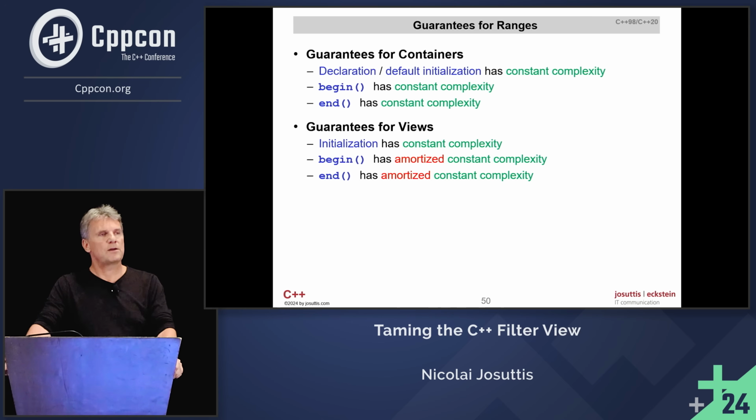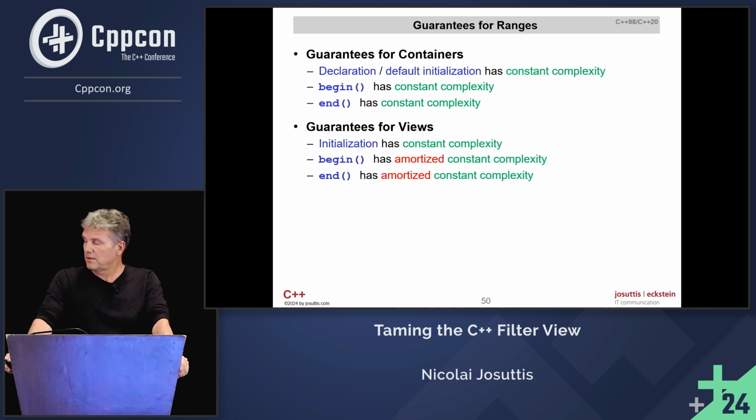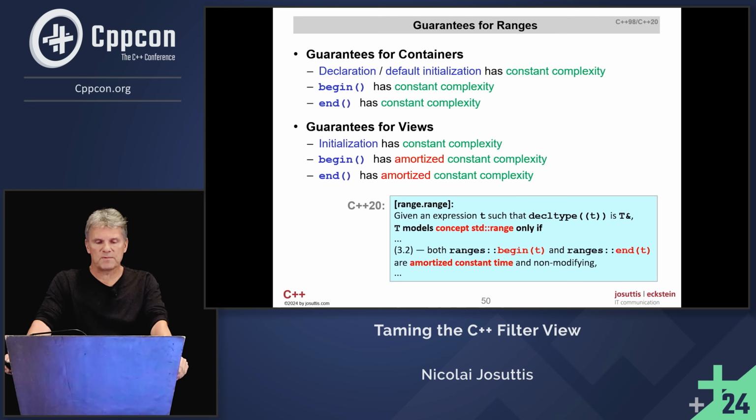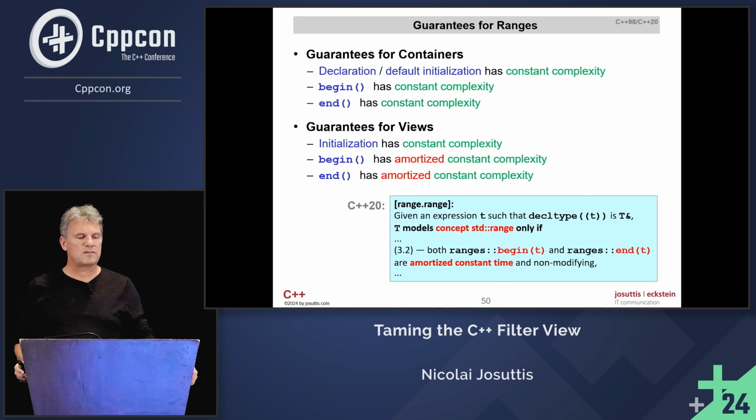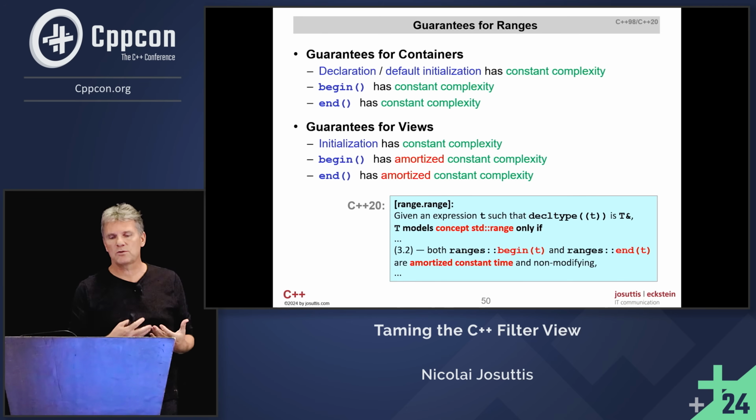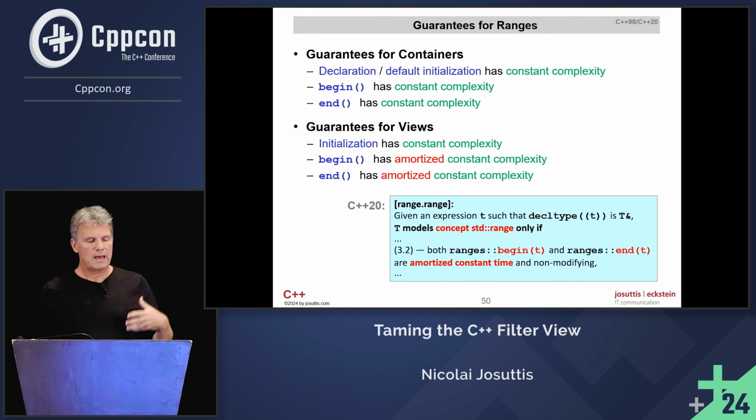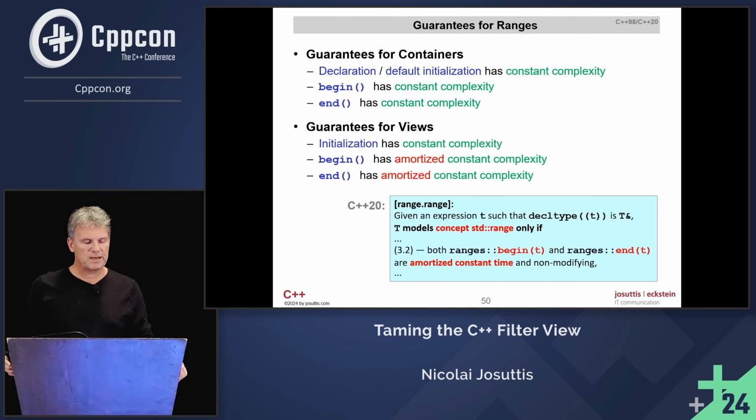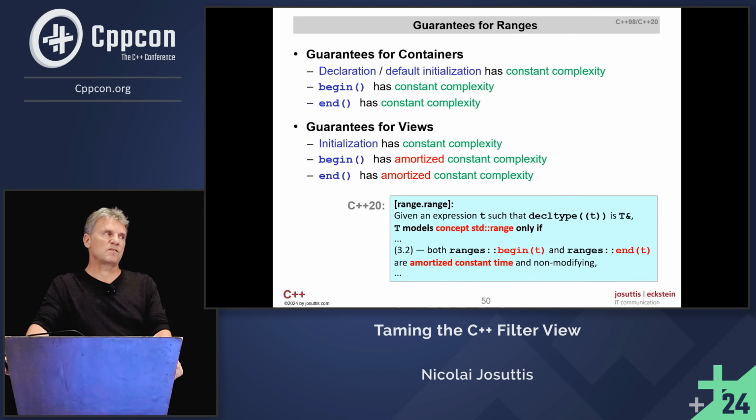It's pretty likely that once you call push_back, you call it again, so it's more likely that you benefit from that. And this has a consequence even for concepts. The requirement for ranges in general, which could be containers or views, is only that begin and end have amortized constant time. They don't require constant time.